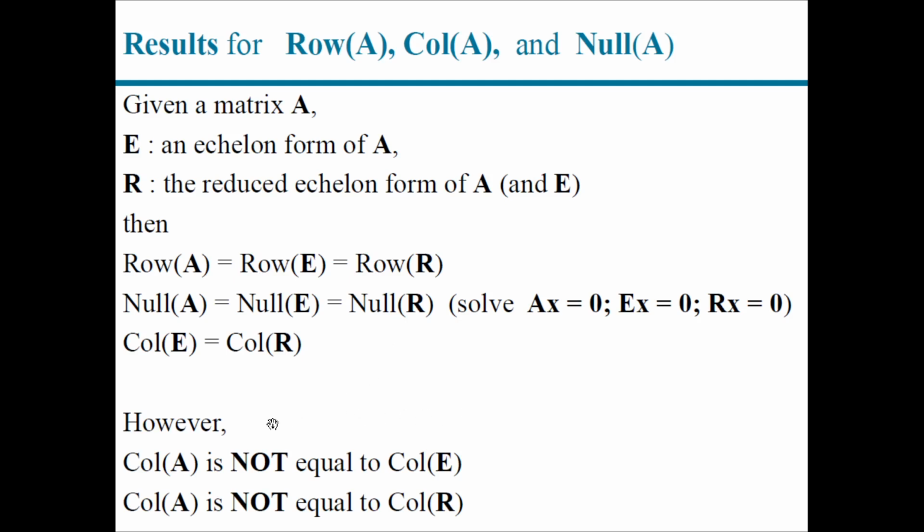So be very careful. The column space of A is not the same as the column space of the echelon form or reduced echelon form. This is super important. Row spaces are the same, null spaces are the same, but the column space is different. To get the basis for the column space of A, we need to go back to the matrix A.